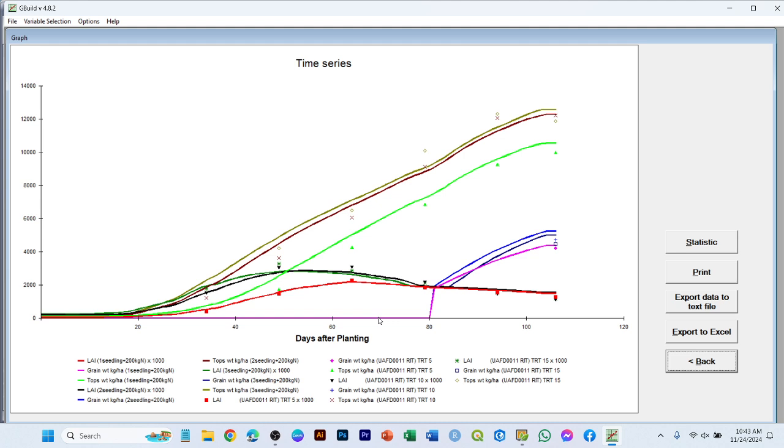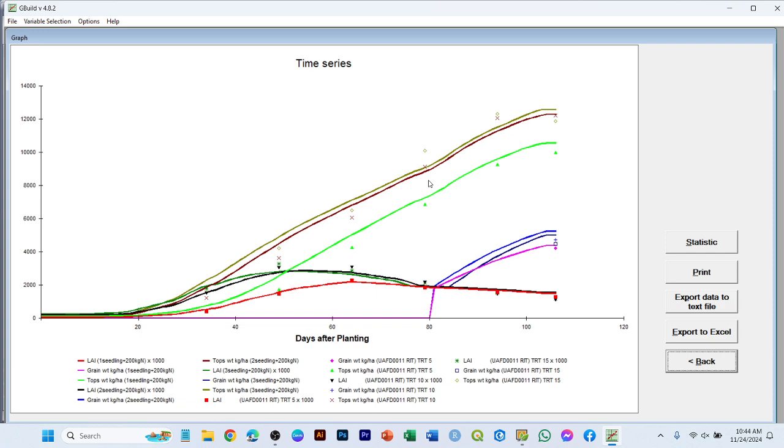Got my point? There may be some other issue that the model is simulating a higher crop weight, the dry matter, instead of your observed value of the tops weight. While with the passage of time, at 80 days, you might have skipped the irrigation.